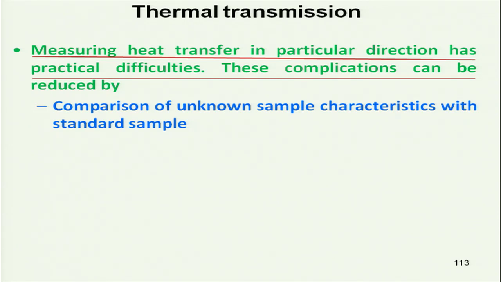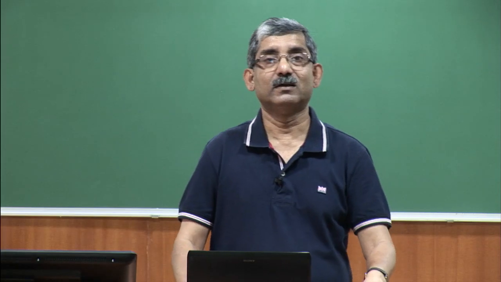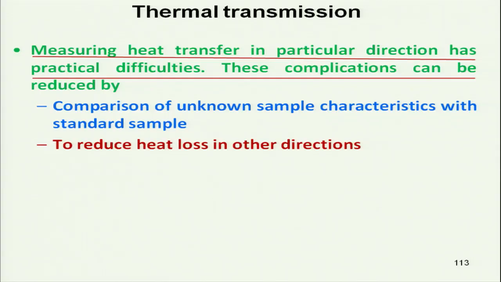To eliminate this complexity, we use two techniques. One is comparing the unknown sample with a standard known sample, that is, comparing the thermal resistance. Another is to reduce the heat loss in other directions. This second approach is used in the guarded hot plate, and this technique is used in the TOG meter.